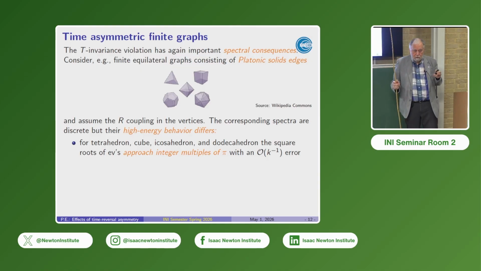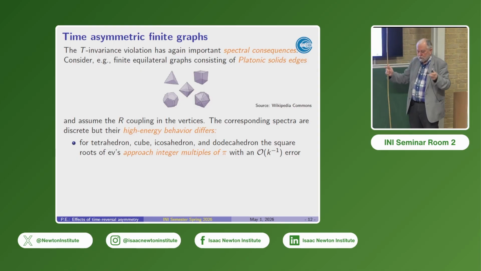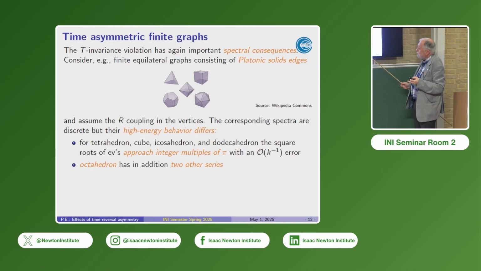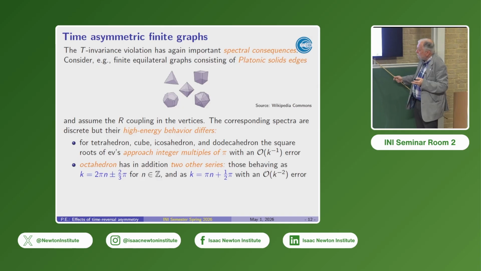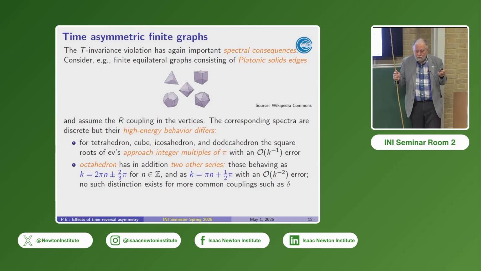So asymptotically the edges are decoupled, and you get the values which correspond to just intervals. While the octahedron has two additional series, which are given explicitly here. For comparison, if you put a delta coupling, say, you see no such difference.